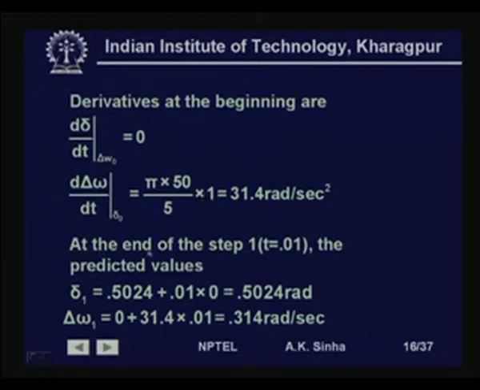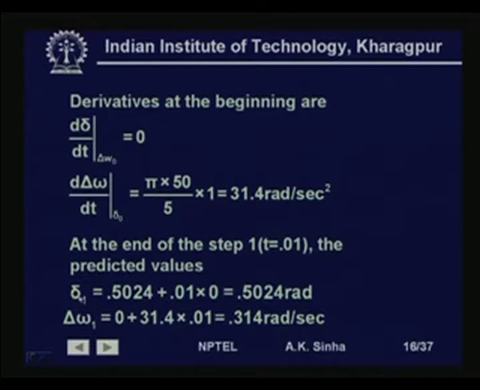At the end of the step, if we are taking a time step of 0.01 seconds, then the predicted value of delta 1 will be 0.5024 plus 0.01, this delta t, into the slope, that is d delta by dt, which is 0.